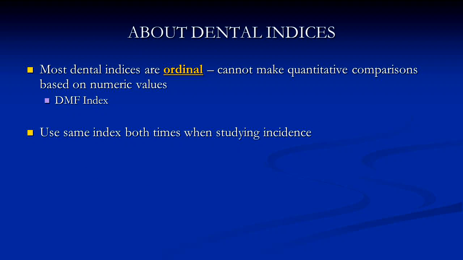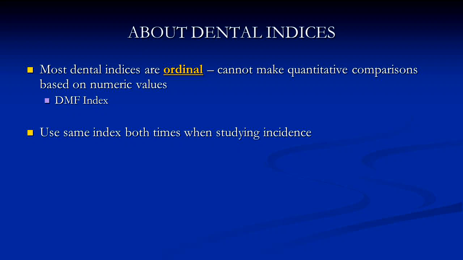So, in summary, most of these dental indices are ordinal. This has popped up on boards before, so this is something I really wanted to point out. That just means that we're rank ordering the severity of the disease. And again, the rule of thumb is the lower the number, the less severe the oral disease we're looking at. The higher the number, the more severe the oral disease.